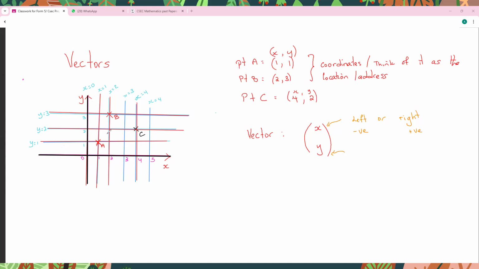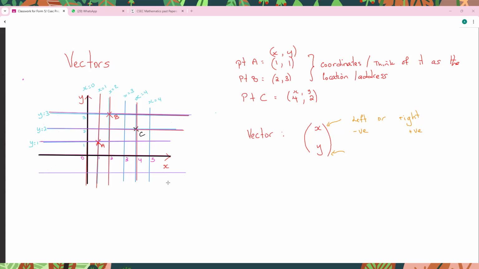Although your y-axis is standing up or vertical, your y values are actually horizontal, right? So this here is the line y is equal to 1. This here is the line y is equal to 2, y is equal to 3.